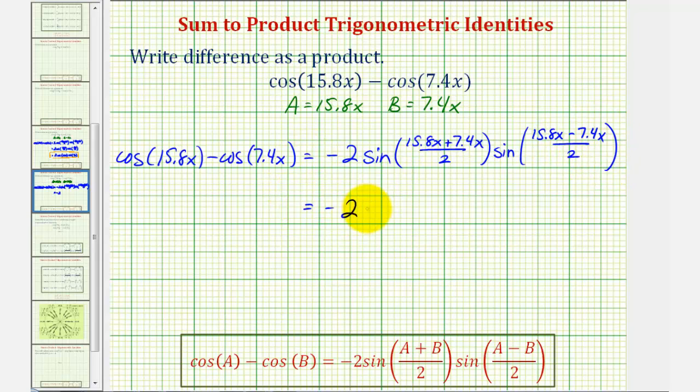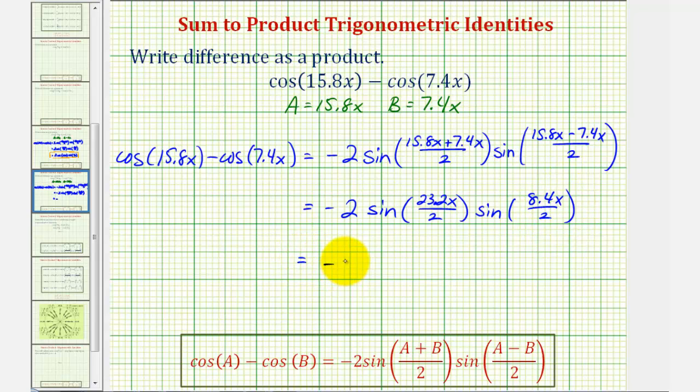And now we simplify. So negative 2 times the sine of 15.8x plus 7.4x is 23.2x divided by 2. Then we have sine of 15.8x minus 7.4x would be 8.4x divided by 2.